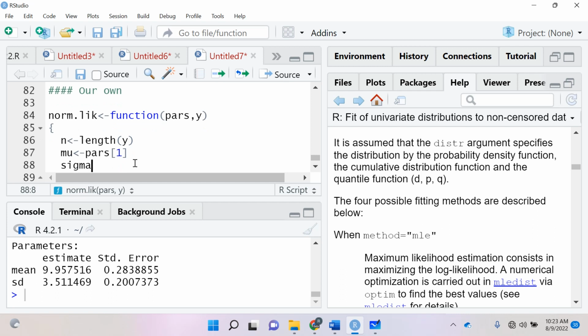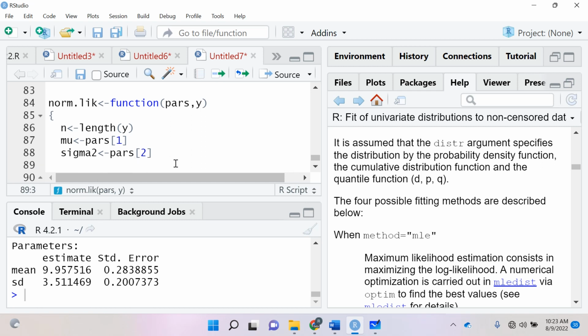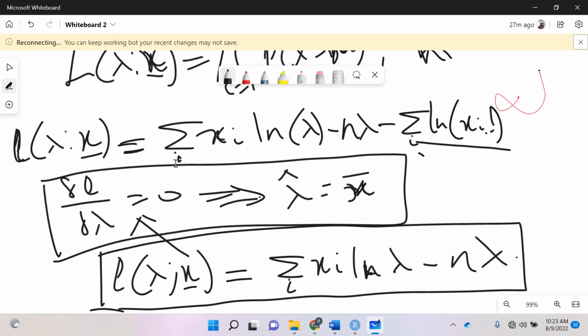Okay, here you have to be careful. What is your standard deviation? I'm taking it as variance, right? So variance. Okay. Then the log likelihood. In this case, I can write it for the normal case.